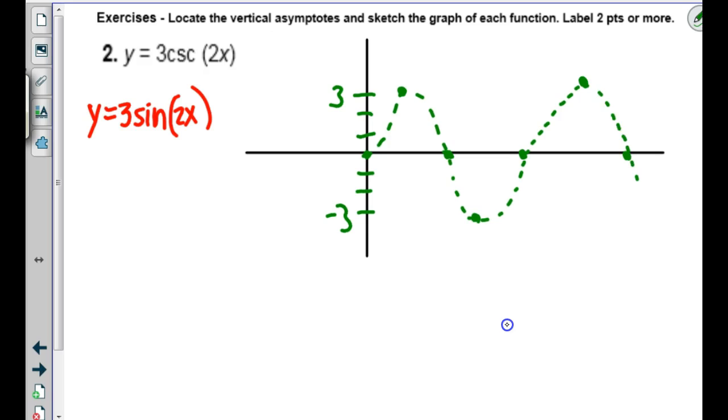Okay, now let's label some of those points. The period is, okay, so where's pi? Good job.